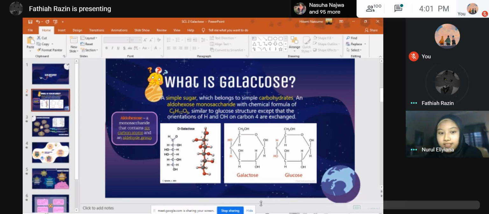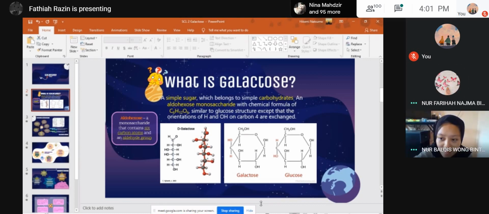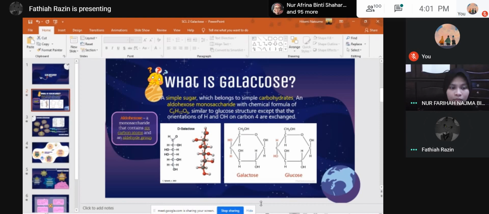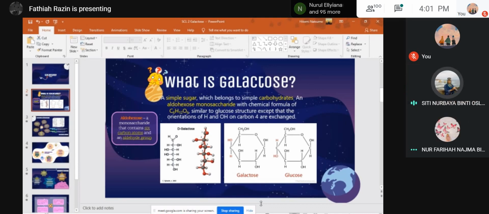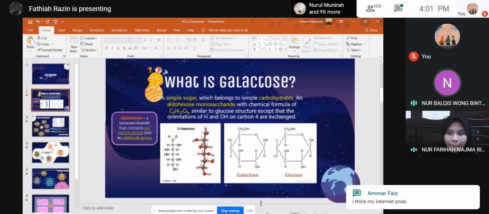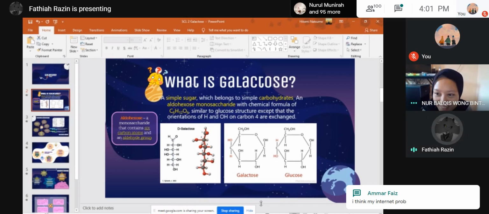Not see the slide. Ada orang tak boleh. What happened, Fatia? Fatia, next. Dah next dah. Dekat kami tak next ni. Apa? Saya tak ada pula masalah.